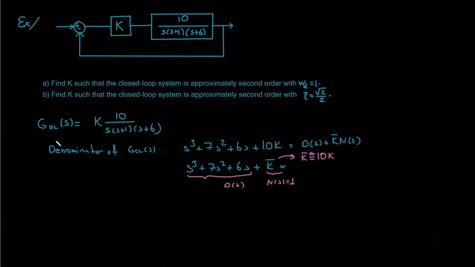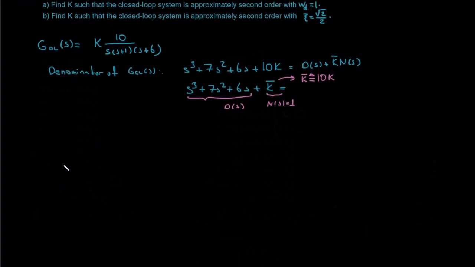The corresponding root locus will look something like this. This is my real axis, this is my imaginary axis. I have the pole locations: a pole at the origin, at -1 and at -6.